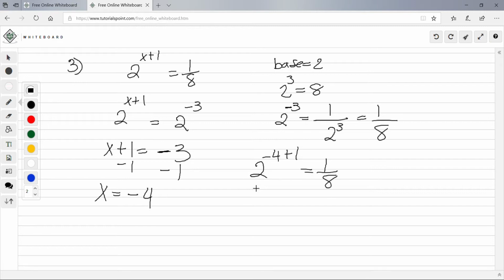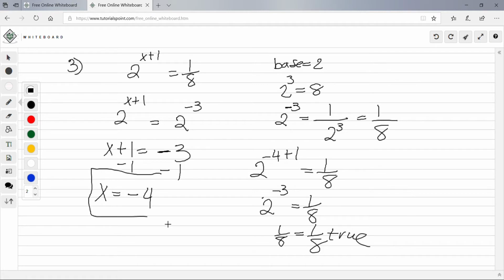Let's find out. Negative 4 plus 1 is negative 3, so 2 to the negative 3 equals 1/8. That is so true, right? Because we said that 2 to the negative 3 is 1/8, so it's true. So x must equal negative 4.